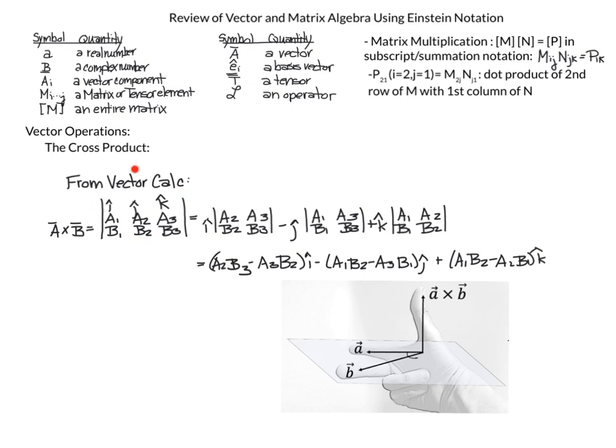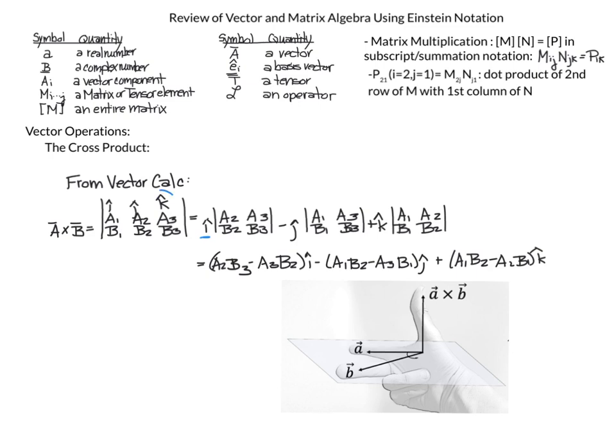And to get the determinant of a 3 by 3, we started with this first i component here, which gets moved here, and then we would cross out the row and column that the ith component was in and take the determinant of what was remaining. So the 2 by 2 would be A2, A3, B2, B3. Next, we'd go across the row and expand with the j component, and then we would cross out the row and column that j was in and take the determinant of the remaining 2 by 2. That would be A1, A3, B1, B3.